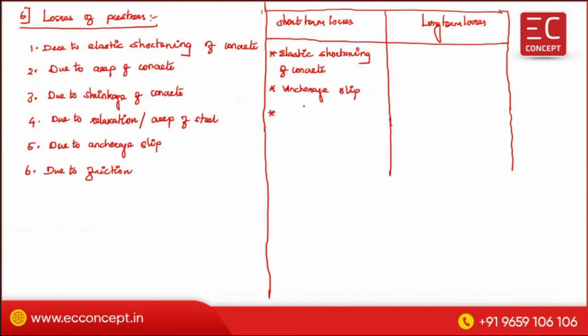Next one is loss due to friction. Long-term losses: creep of concrete, shrinkage of concrete.